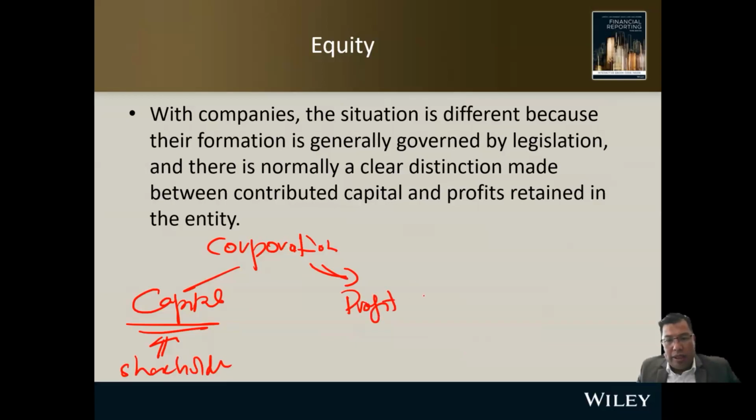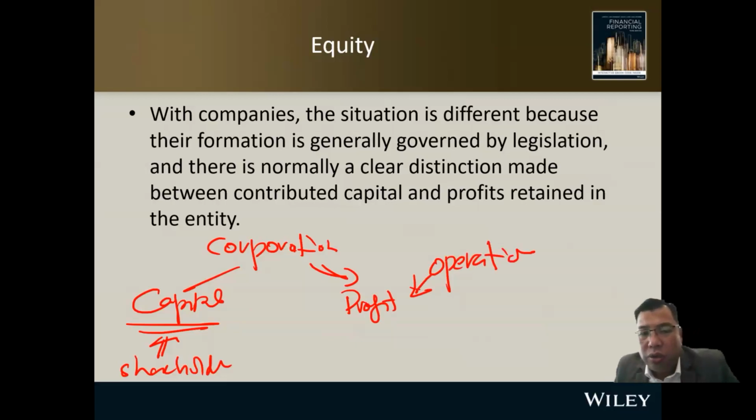The profit is generated from the operations. So we start to distinguish between capital, resulting from issuance of shares or share buyback or whatever is related to the shareholders, and the other part, reserve or profit resulting from the operation of the business.